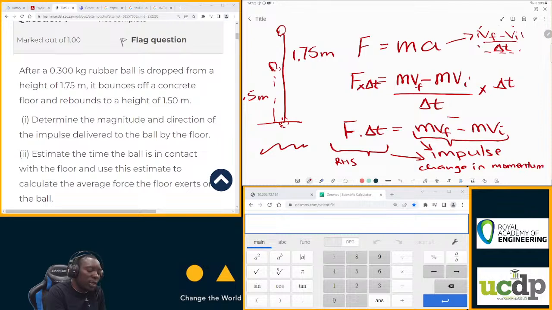This is how we define impulse: the change in momentum, or in other words, the time effect of a force.